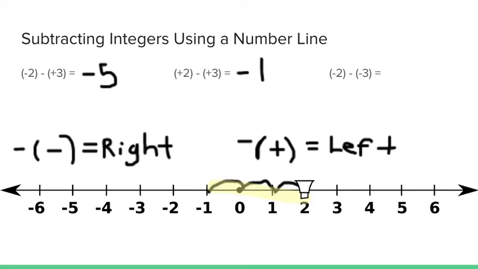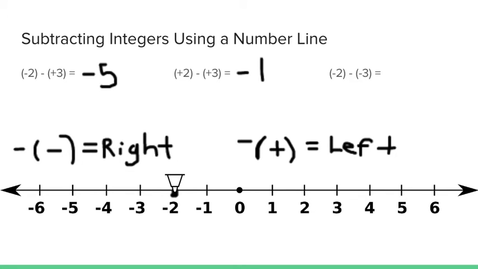Let's erase. Remember, if we are taking away positives, we move to the left. If we are taking away negatives, we move to the right. Let's go to the next one. We're going to start at negative 2 once again, but this time we are subtracting negative 3.